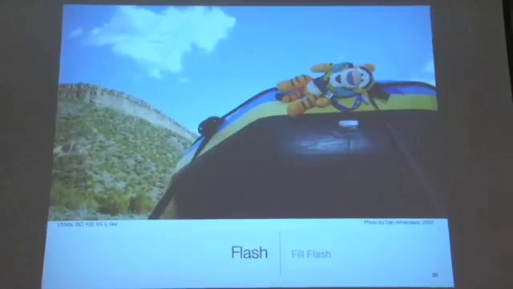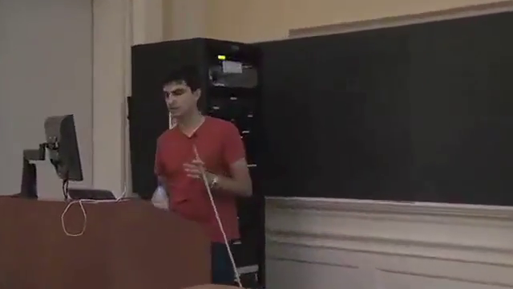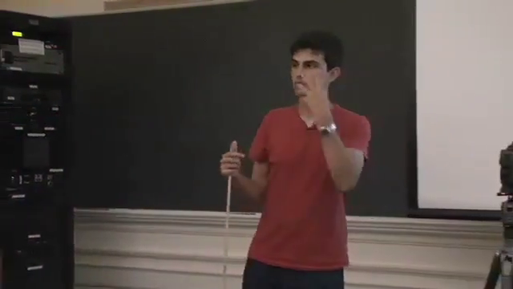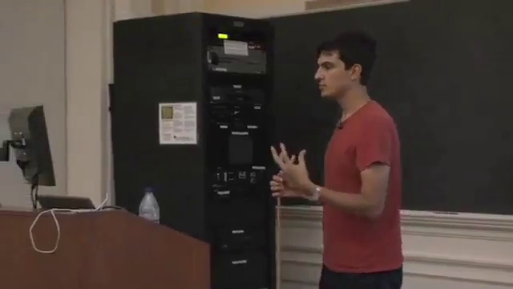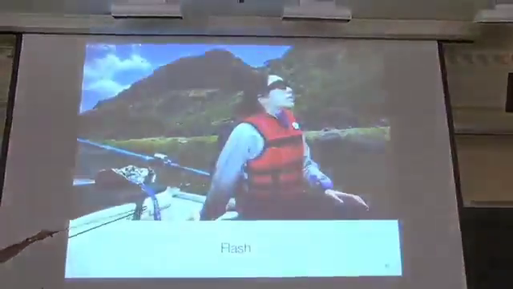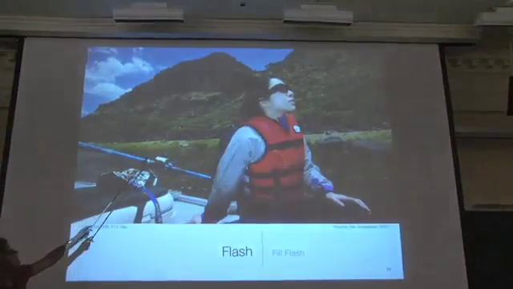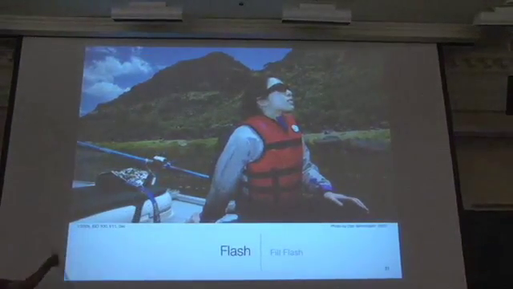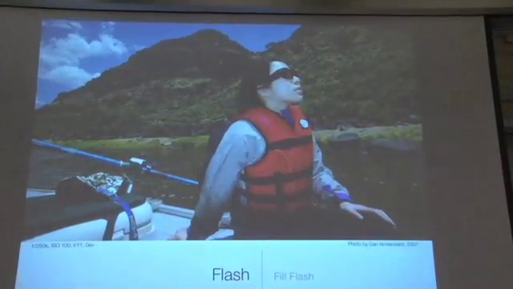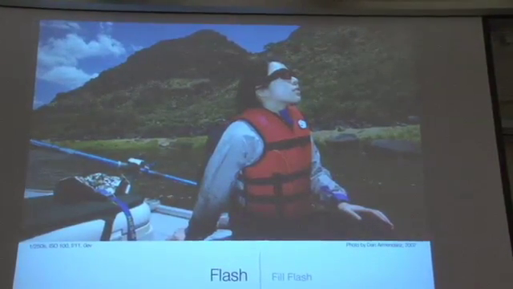But using fill flash is really vital to be able to get properly exposed photographs in the midday when there's very harsh lighting and there's going to be very harsh shadows. So in this particular case, the sun, as you can see, was providing some very harsh light, but by adding some fill flash, you can remove a lot of those harsh shadows on a subject's face and make it a lot more even, so that you can get much more evenly lit photographs.